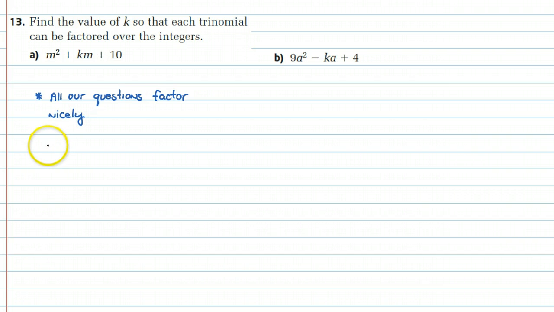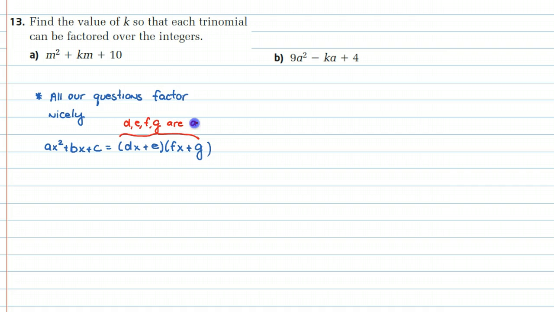So if I have something like ax squared plus bx plus c, what I mean by factor nicely is this factors into, let's say, (dx plus e)(fx plus g). So what this means is that d, e, f, and g are all integers.